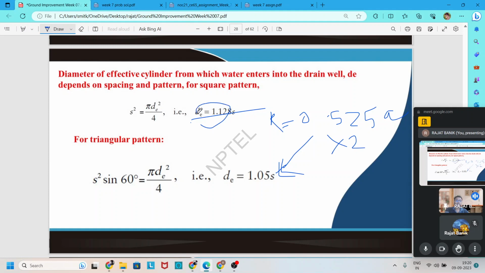Same for the square pattern: if we multiply 0.564 into 2, we come to that value. In this way we find out the equivalent influence area diameter for each of the drains.